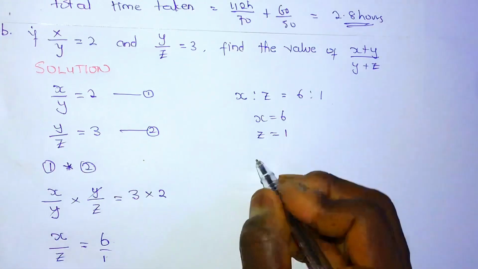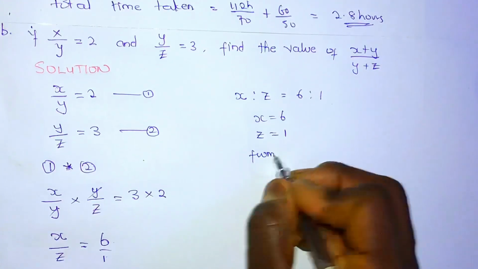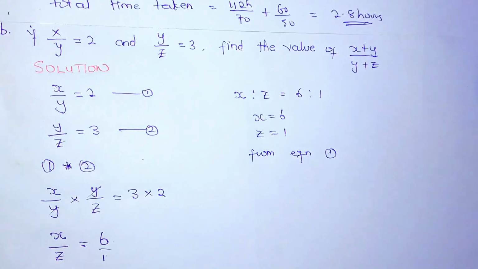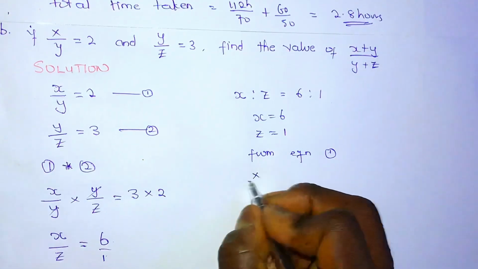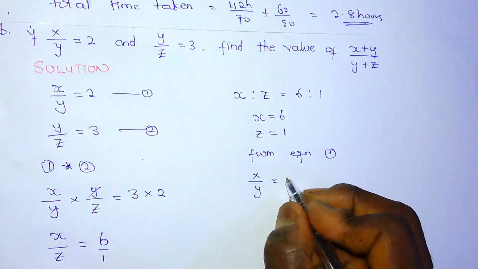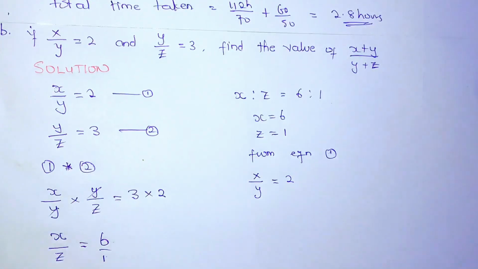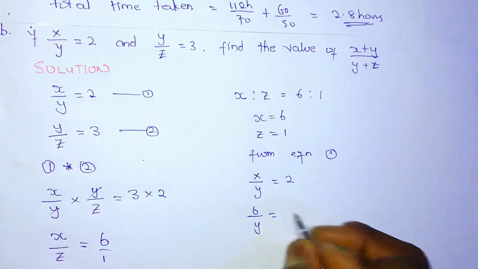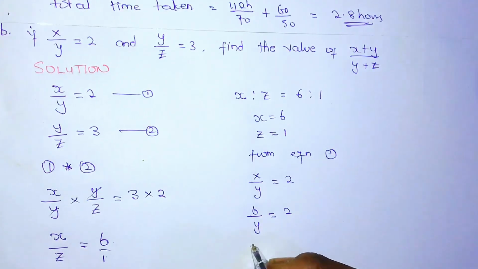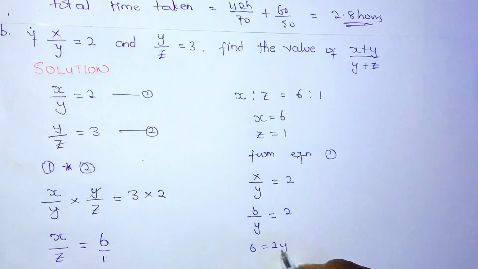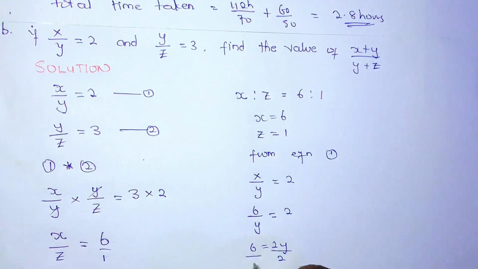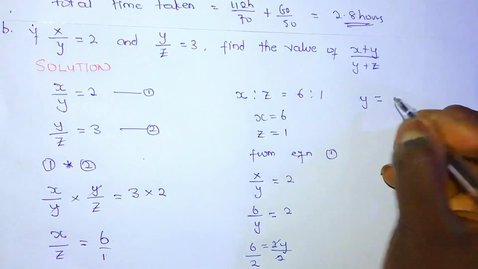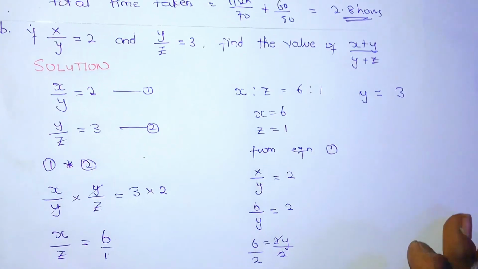Taking equation 1, which is x over y is equal to 2, we know the value for x to be 6. So 6 over y is equal to 2, we get 6 is equal to 2y. If we divide by 2, we conclude that y is equal to 3.